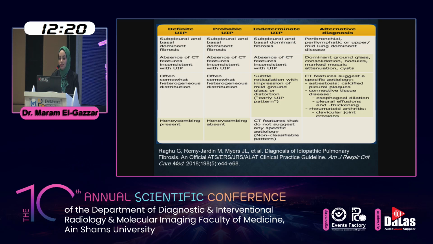Indeterminate pattern is subtle reticulation with subtle GGO, so I can't give a definite diagnosis of UIP or other features. Our concern is the alternative diagnosis, where there are features of UIP associated with other specific features, like cases of rheumatoid arthritis with a specific pattern we will discuss later, other cases of scleroderma when there is a dilated esophagus, and so on.